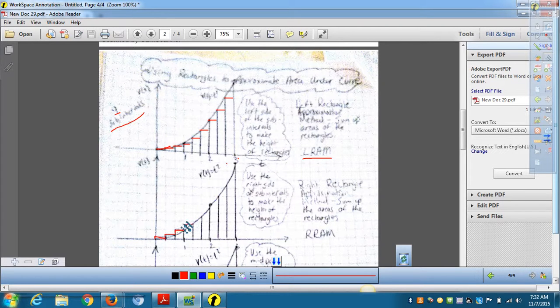Right side of each partition determines the height of the rectangle. And so what we need to remember is the height of these rectangles is being determined by the function. So our function here is t squared. So we would take the x value of the right side of the partition, like right here we would take 2, and we would plug it into t squared to get the height of that one rectangle.